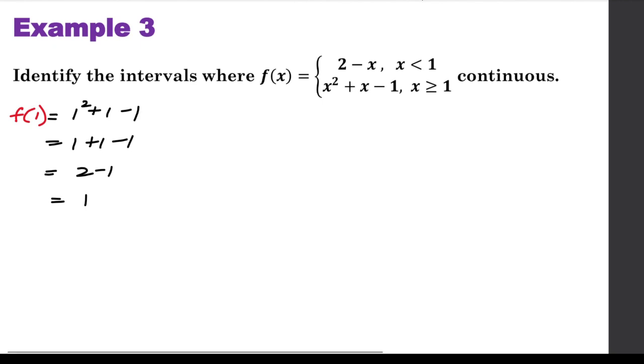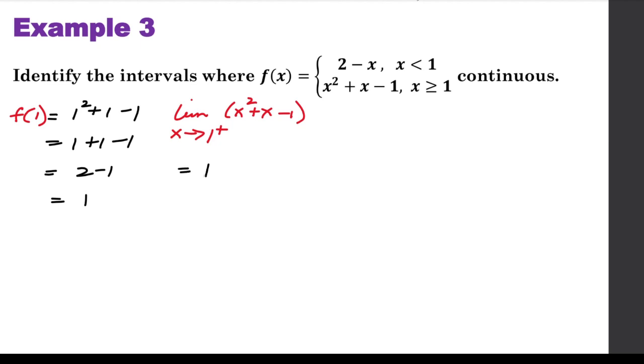Let us now get the limit of the function as x approaches 1. So let's try to get the limit of the function as x approaches 1 from the right. We're going to use x squared plus x minus 1.